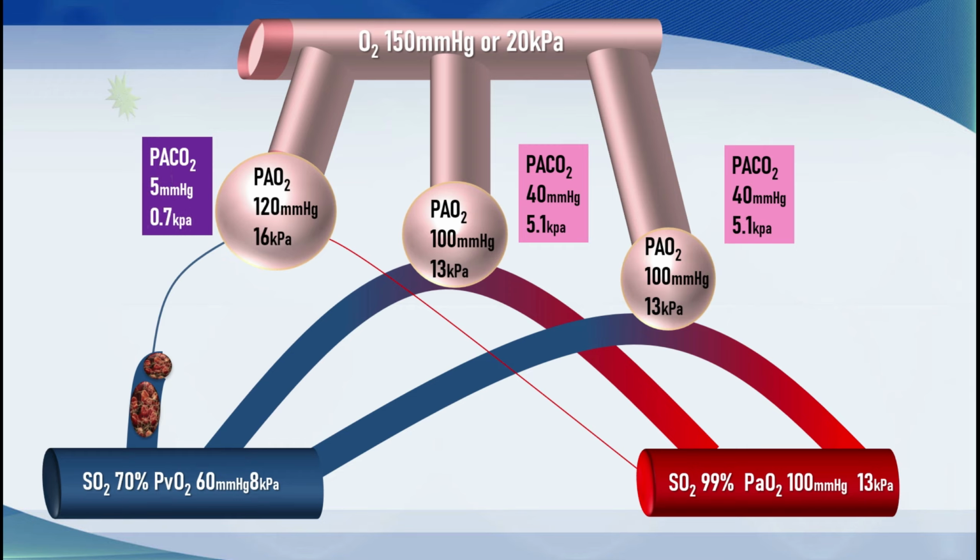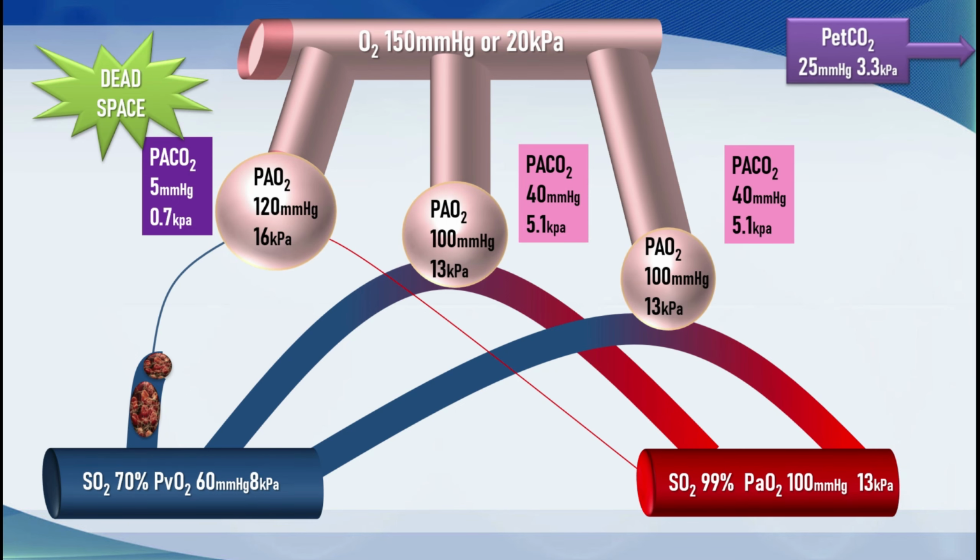End arterioles will become plugged up and blood flow will stop through these units. The alveoli that they perfuse will become dead space, with the result that clearance of CO2 will be reduced with a corresponding fall in the end-tidal CO2.